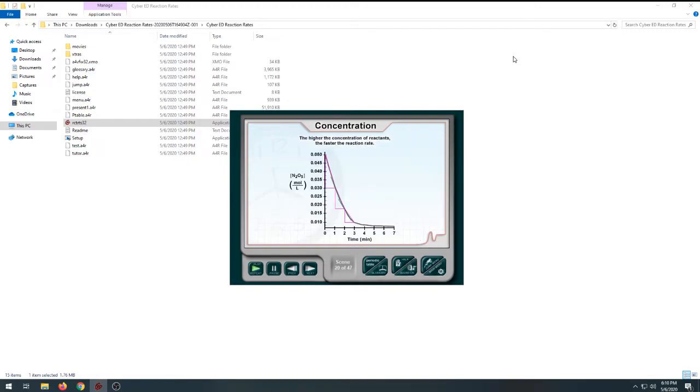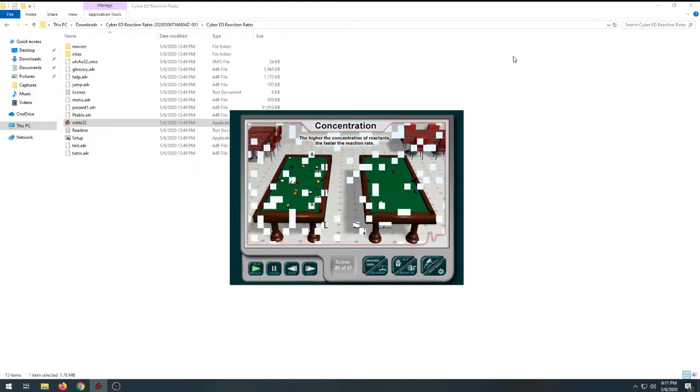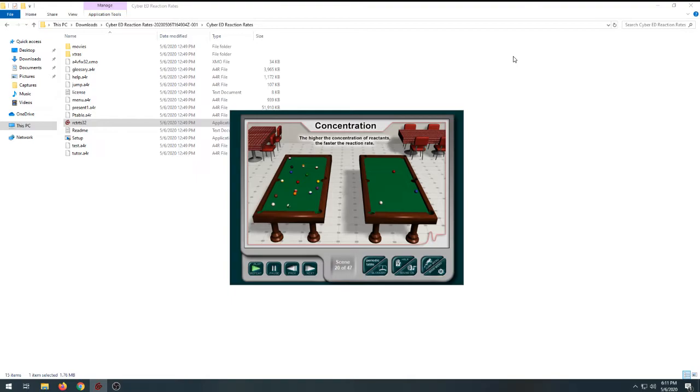You have already seen that dinitrogen pentoxide decomposes more quickly at higher concentrations. In general, the higher the concentration of reactants, the faster the reaction rate. The following demonstration illustrates the relationship between changes in concentration and the number of potential reactions.